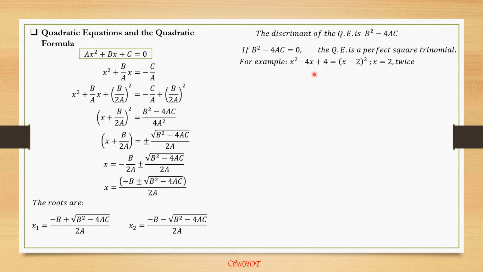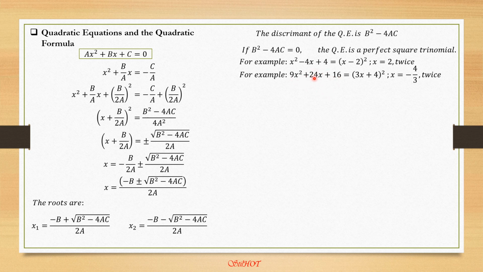So a perfect square trinomial is such that the middle term is twice the square root of the first and the second. So it is plus or minus. Another example is 9x squared plus 24x plus 16. So square root of 9x squared is 3x, square root of 16 is 4, 3x times 4 is 12, times 2 is 24x, so this is the middle term.